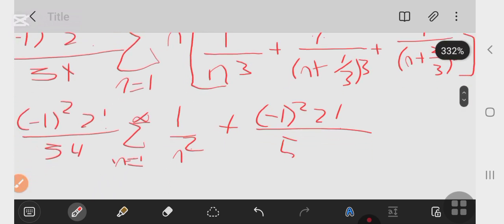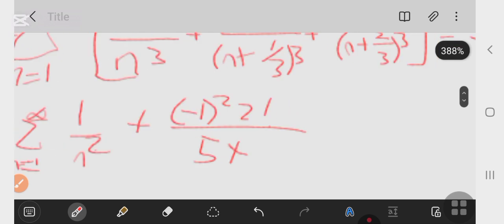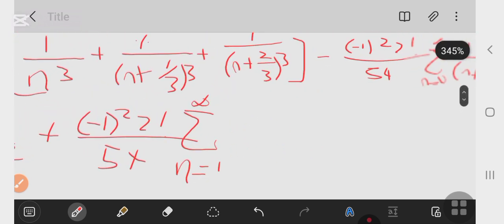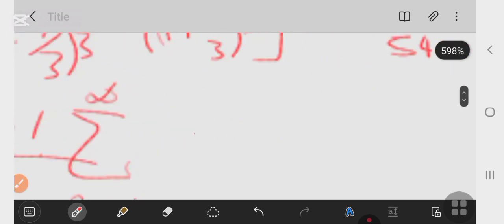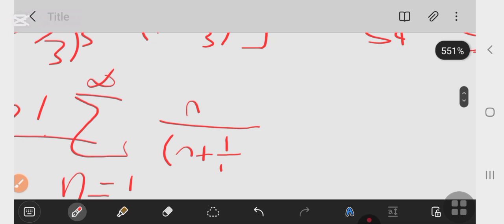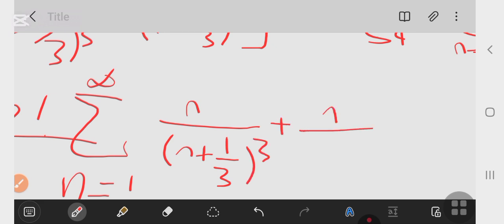So I have this multiplying the sum to infinity of n starting from 1 all into n over n plus 1 over 3 cube plus n over n plus 2 over 3 cube.